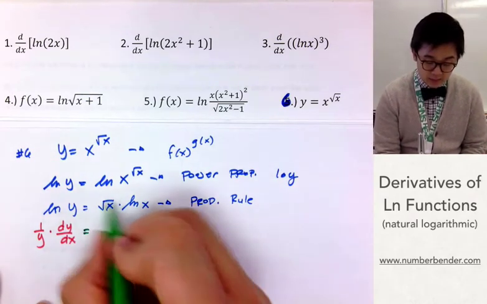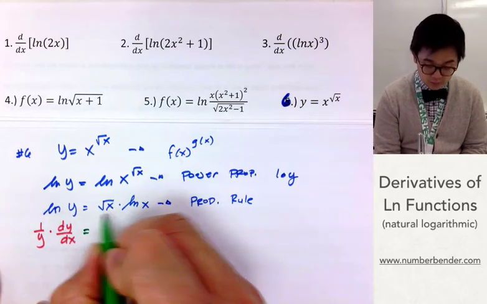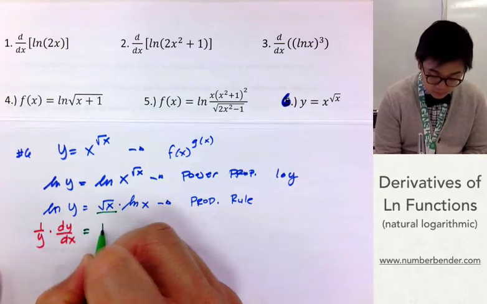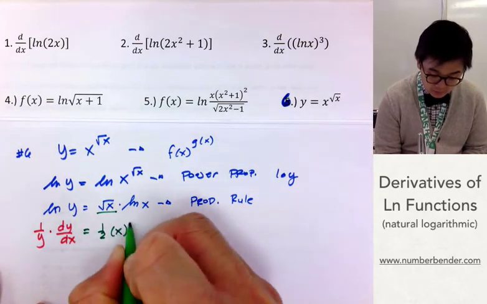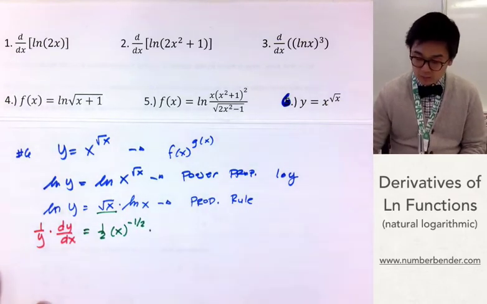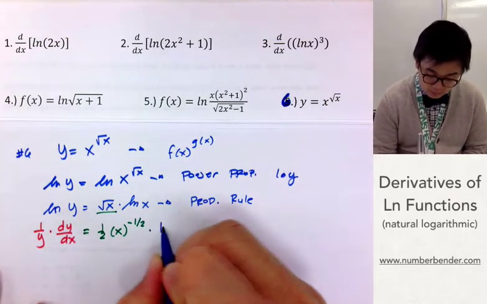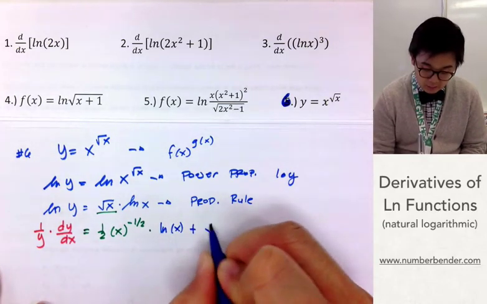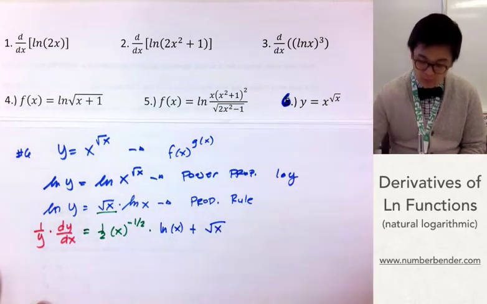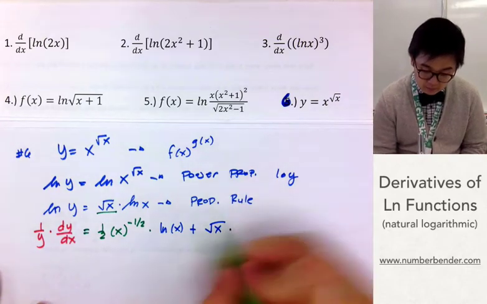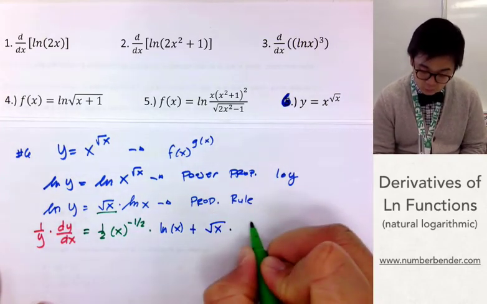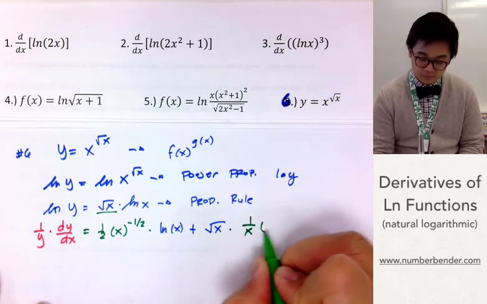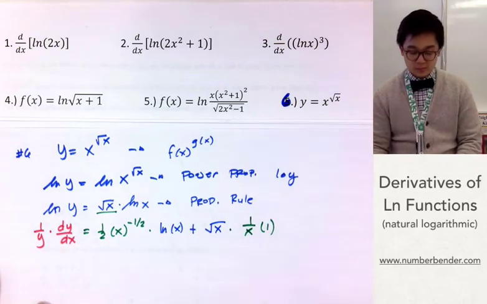Let's take the derivative of the first term, which is 1/2 x raised to the negative 1/2, multiplied by ln x, added to a copy of the first term multiplied by the derivative of the second term, which is 1 over x. The derivative of x is simply 1.